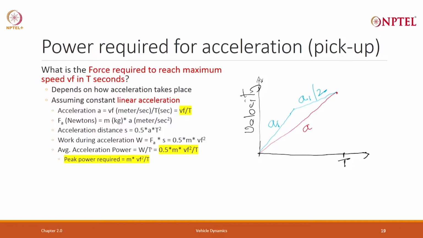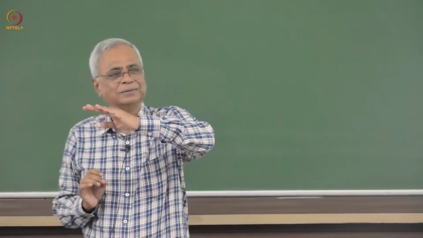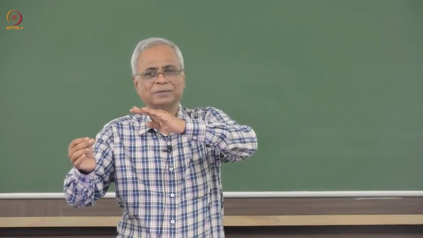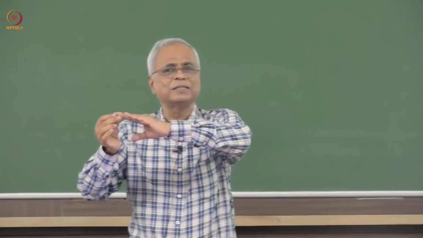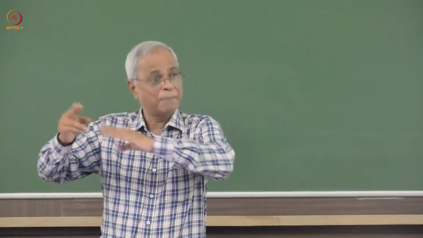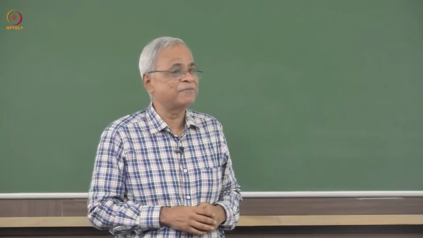So what we often ask is, do I really need to accelerate linearly? Because power requirement always will have an extra v term. Force may be constant, but power will have a v component. See, force is constant, in the beginning my power requirement is small, in the end my power requirement is very large. That is the reason peak power requirement is m V f square by t.